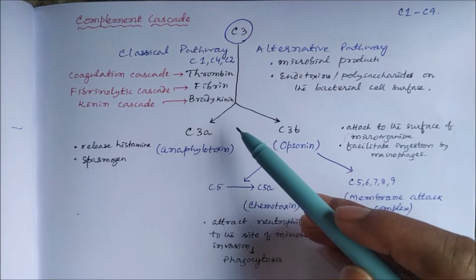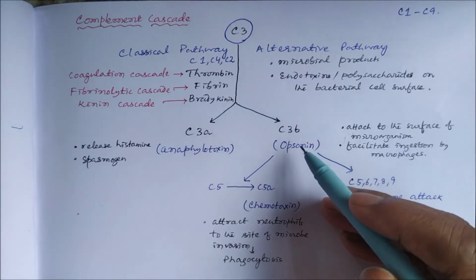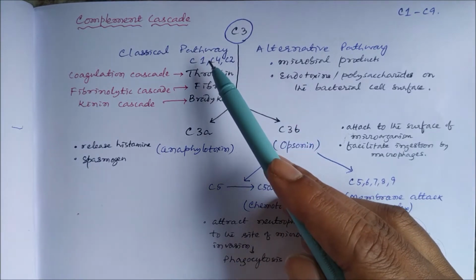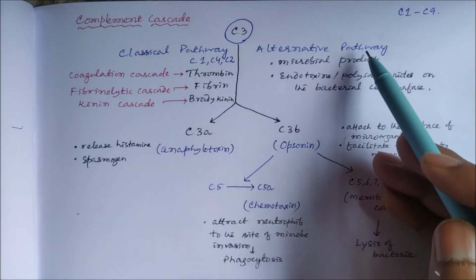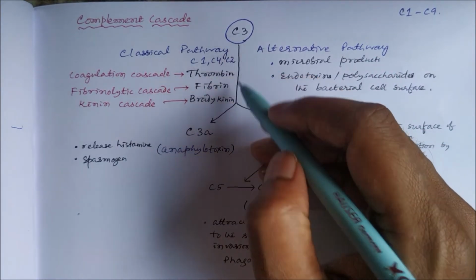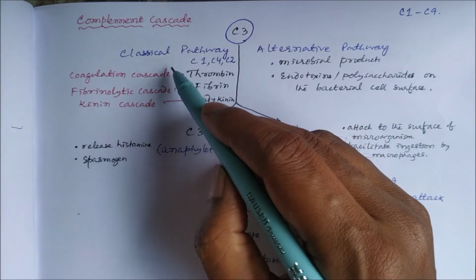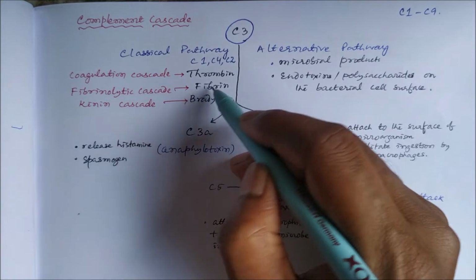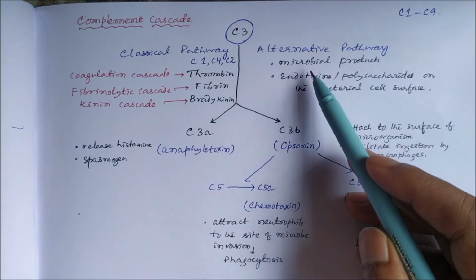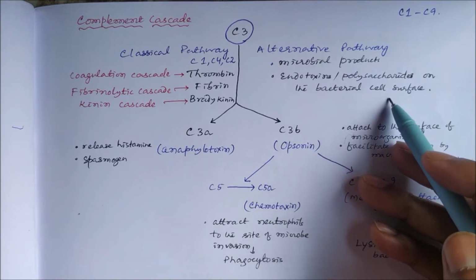C3 is activated to C3a and C3b by two pathways, the classical pathway and the alternative pathway. In the classical pathway, this conversion is activated by C1, C4, C2 and the products of the coagulation cascade, fibrinolytic cascade and kinin cascade. The alternative pathway is activated by microbial products, endotoxins or polysaccharides on the bacterial cell surface.